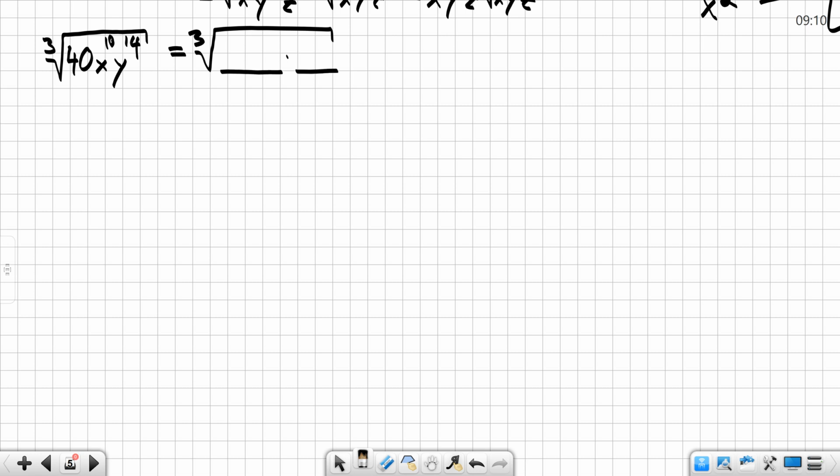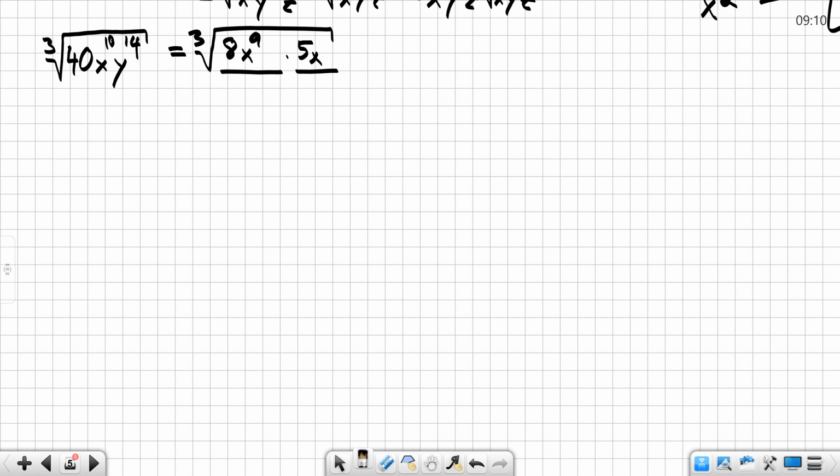Let's see, the number 40. 40 is 4 times 10, but 4 is a square, not a cube, but it is also 8 times 5. Now x to the 10th, 10 is not divisible by 3, but 9 is, and I still have 1 x left.